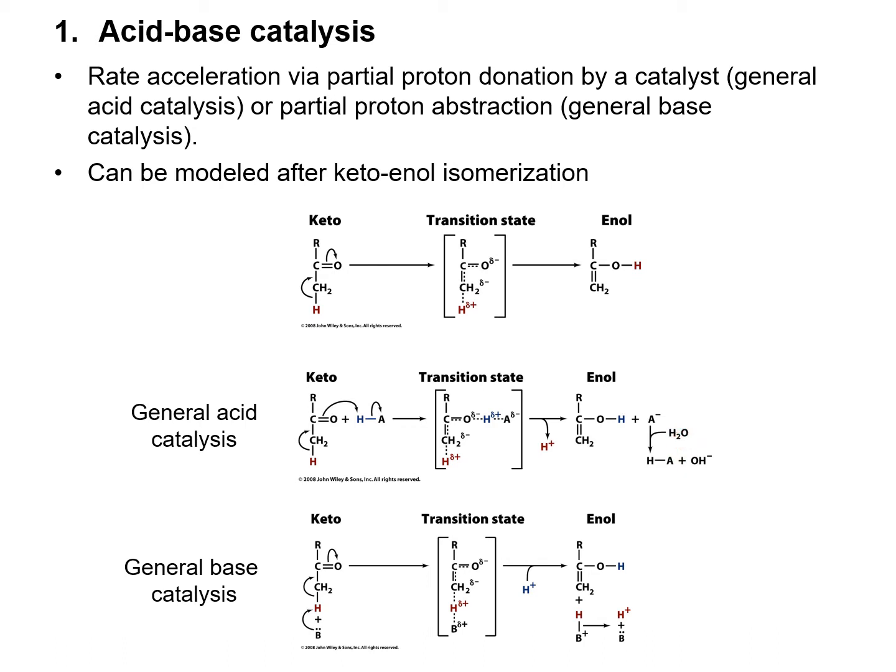And general base catalysis will be a different story, still using the keto form here, but providing the general base here, which will attack the hydrogen atom here. Of course, it works as a partial proton abstraction, so it gets rid of this proton, the hydrogen atom, or actually gives more electrons there a little bit.